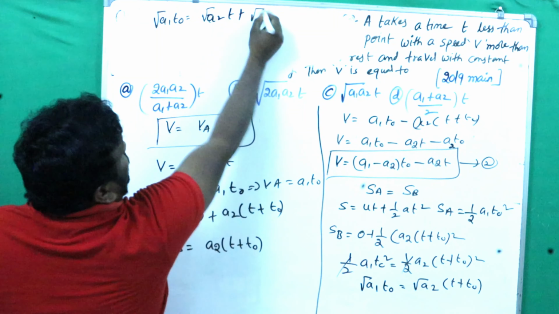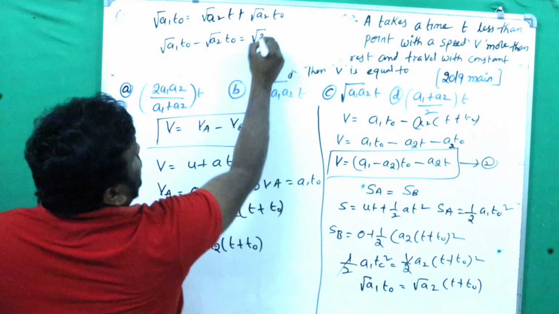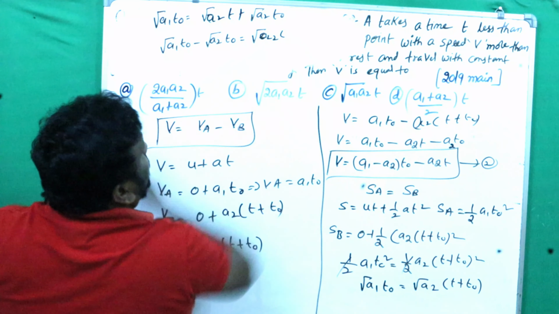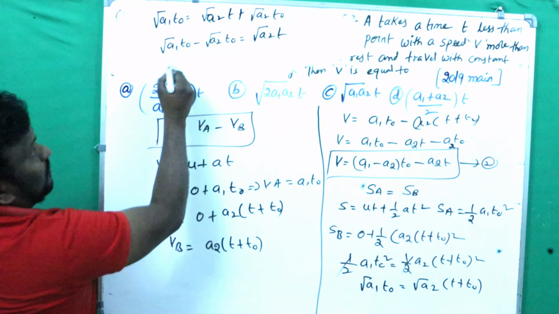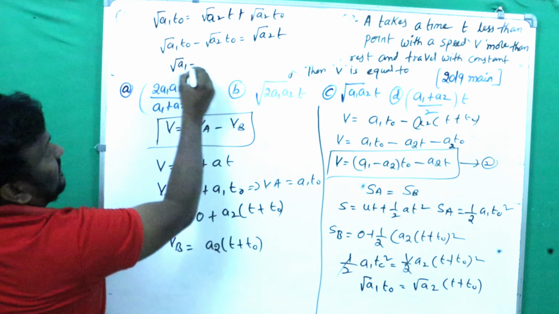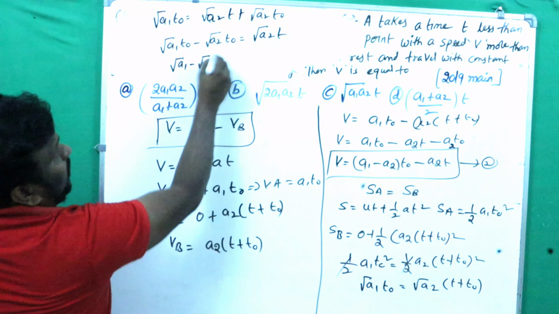So again here you can take this side: root a1 t0 minus root a2 t0 is equal to root a2 into t. Clear? So again what is common here? t0 is common. (Root a1 minus root a2) t0 is equal to root a2 into t.